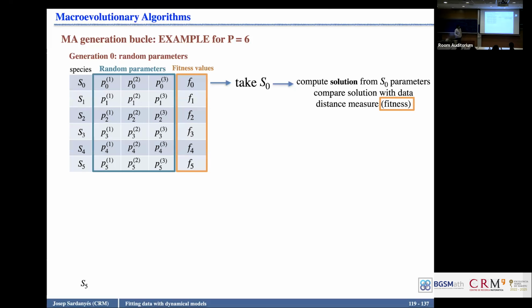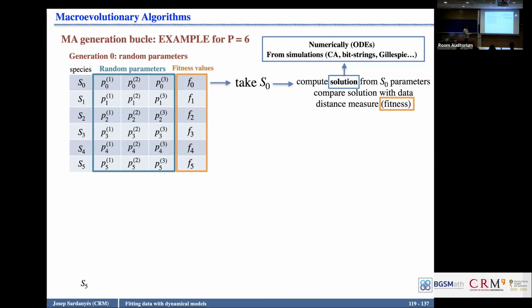Usually we take the parameters, put them in a mathematical model or in a simulation model, and compare the solution obtained with the model with the data. We provide a measure of the distance, the fitness, and we can do it with least squares, with the L2, or with any norm that we want.